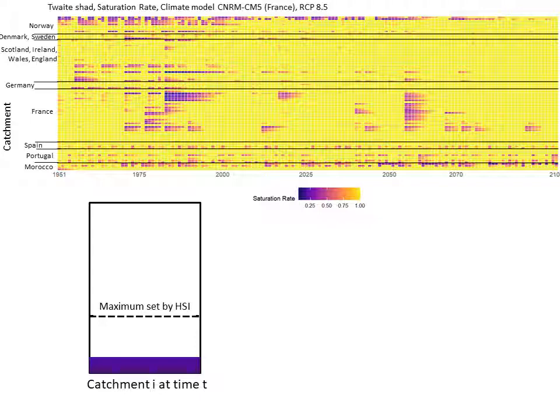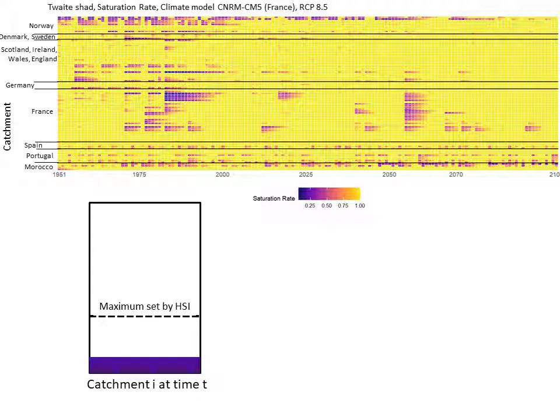So if we look at this figure, we can see for Thwaite shad that quite a lot of catchments through time are at that higher value, that yellow value, where it has a very high saturation rate. So it's close to the maximum that's set by the habitat suitability. Again, keep in mind that these results do not include anthropogenic effects. So this is just looking at the effect of environmental factors, dispersal, and population growth.